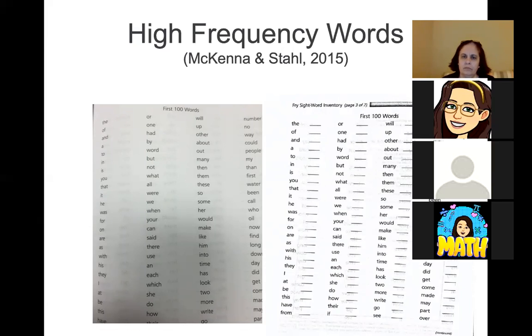And when I say high frequency words, in a way they will all be part of the sight word vocabulary of students, because the more times they see a word, the better they will remember it. We say that there are different levels of knowing a word, but you will know a word between 7 to 14 exposures. Different colleagues will share a different number, but you need multiple exposures to a word.